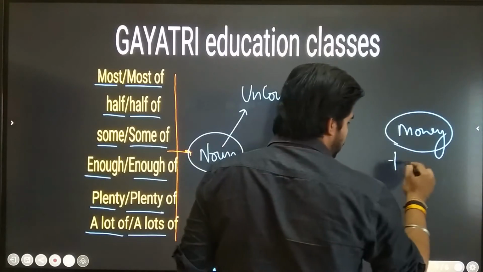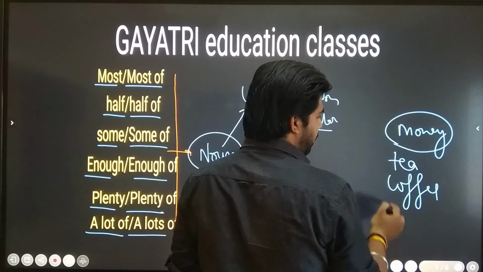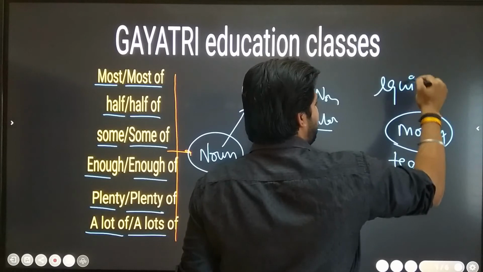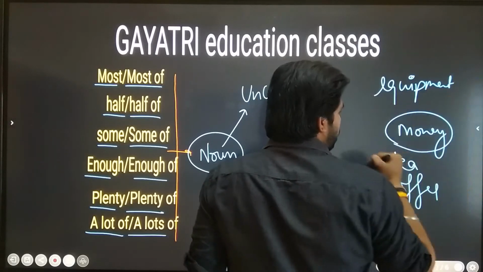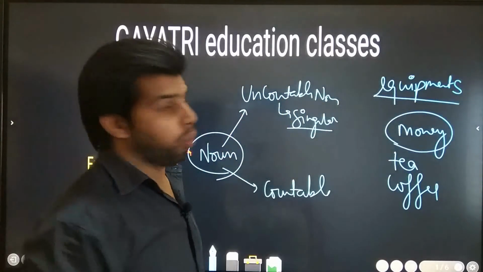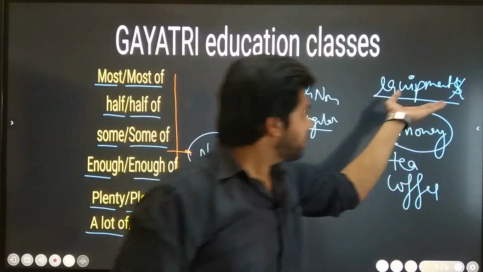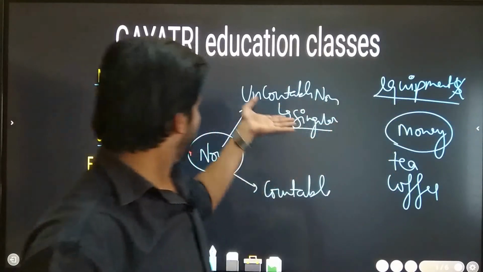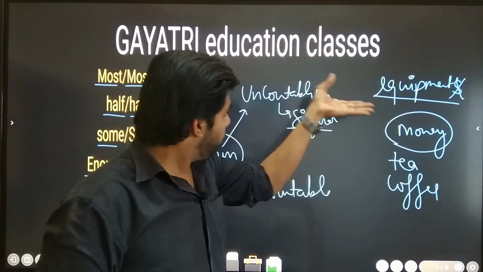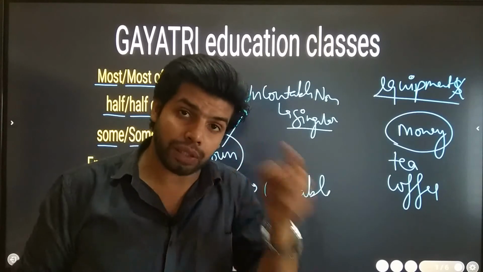You have heard about tea, coffee, many things, and you have heard about equipment. Have you ever seen equipments as a word? No. S is not allowed after equipment, because equipment comes under uncountable noun, and those words which come under uncountable noun are always singular. They cannot take S after them.